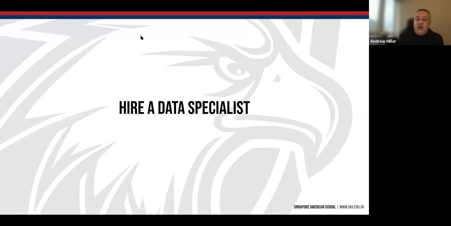So if you can't hire a data specialist, maybe get a stipended position for somebody to support you in theming data or coding data. This is really helpful for that qualitative data that you're getting, as well as representing quantitative data in tables and charts. If you have somebody who has the know-how, really leverage them as part of that process, because I got to tell you, it's really saved us time.